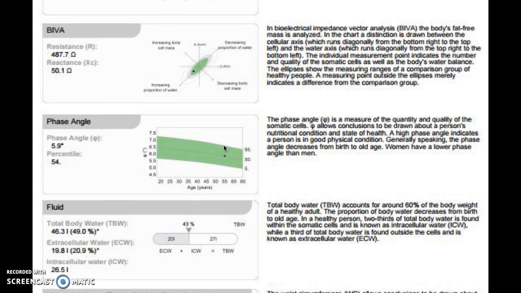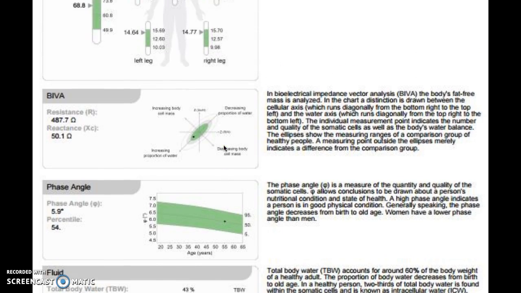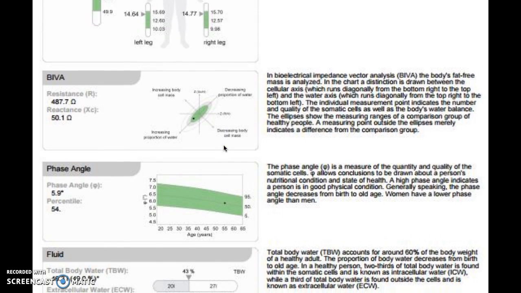I'm going to jump back up to these 2 charts that I missed. I'm going to start with the one that says phase angle. So phase angle is basically a measure, it measures the health of the cells in the body. Normal ranges can vary pretty widely with age and gender. If you think of it, one of the ways that we know if a cell is healthy or not is how thick the cell walls are, and that is one of the things that phase angle is measuring.